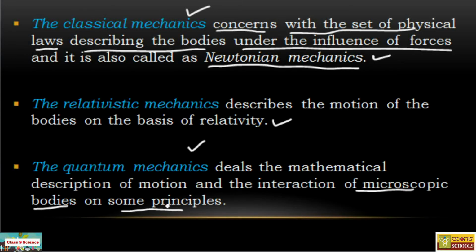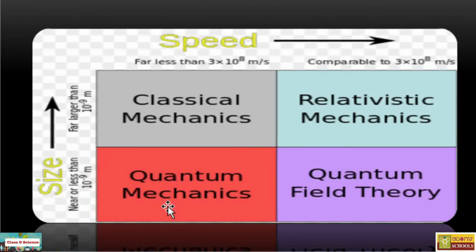It can be shown pictorially like this. This picture confirms the role of classical mechanics, relativistic mechanics, quantum mechanics, and even quantum field theory. Keep always in mind that whatever you are learning in physics at this age is based on classical mechanics only.